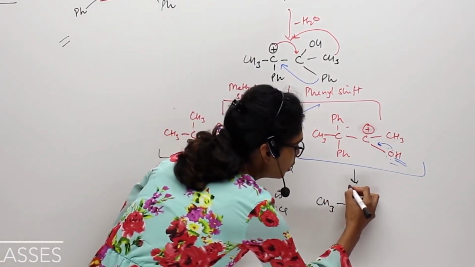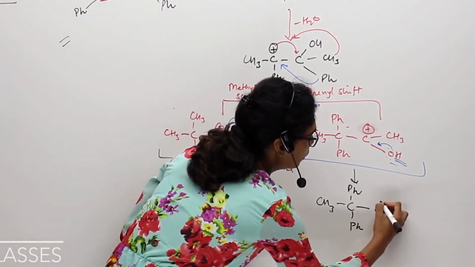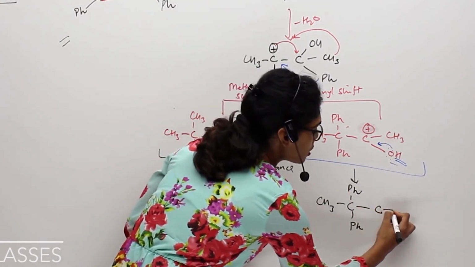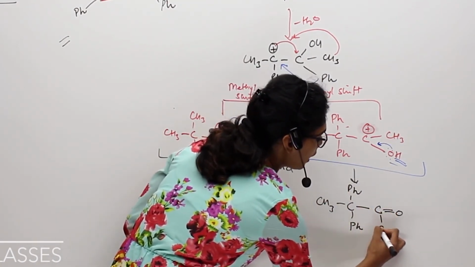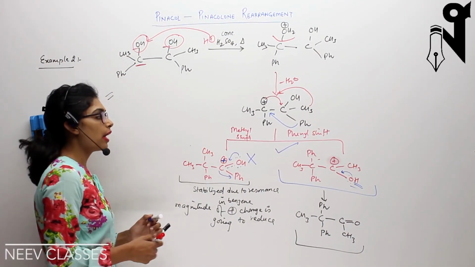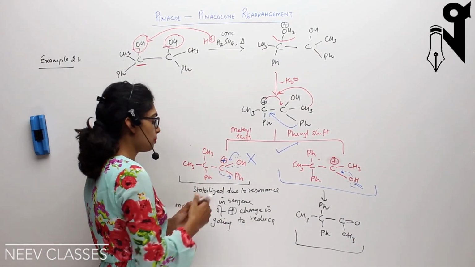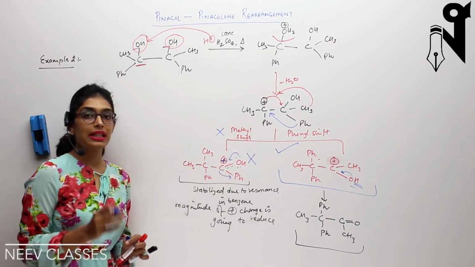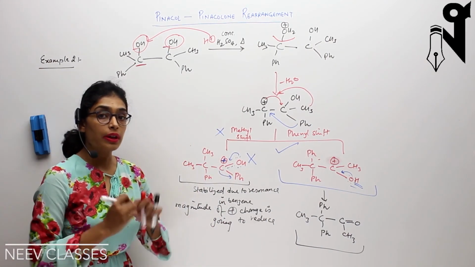So this is also phenyl, single bond, double bond oxygen and CH3. So here phenyl shift will happen instead of methyl shift. So methyl shift will not take place. This you have to understand really properly.